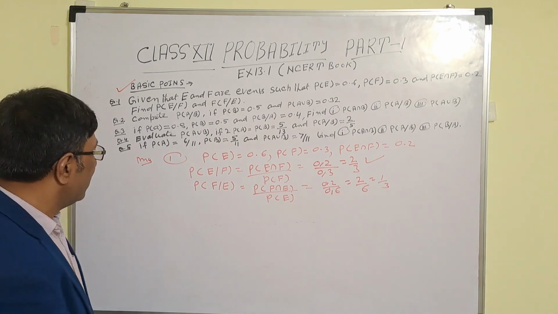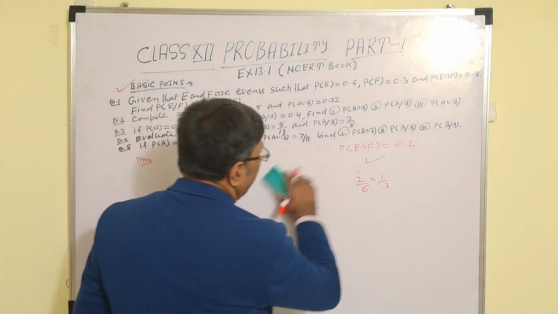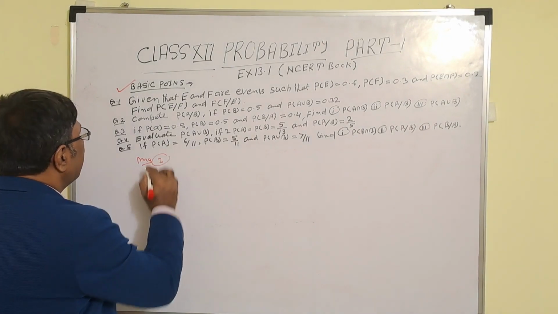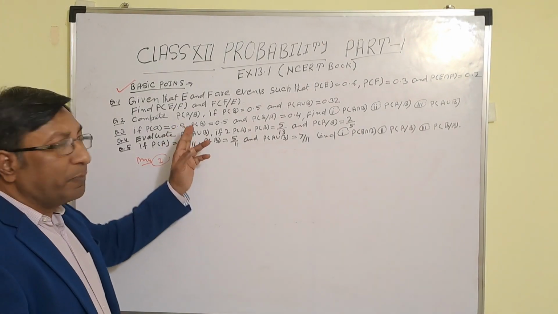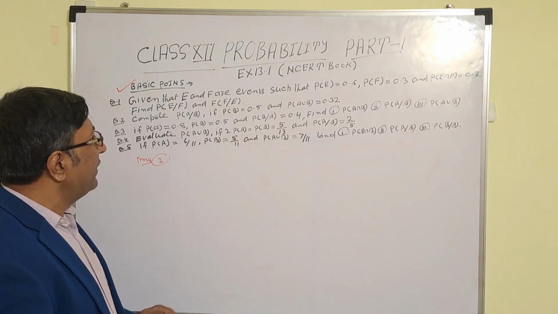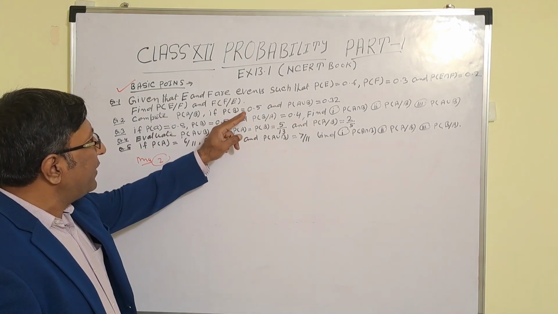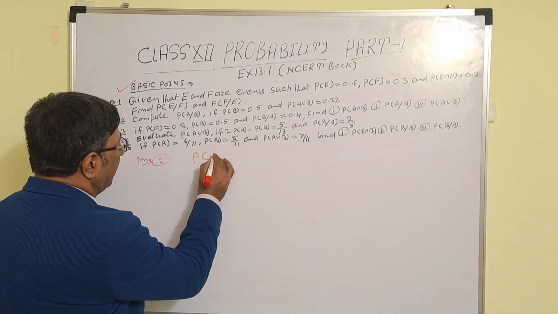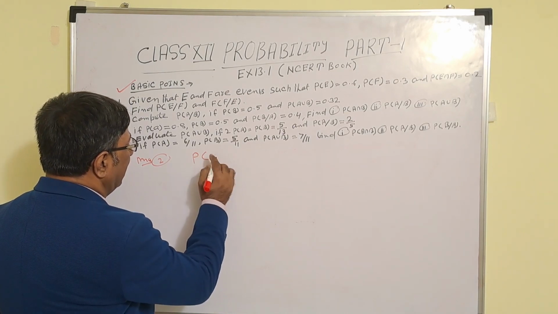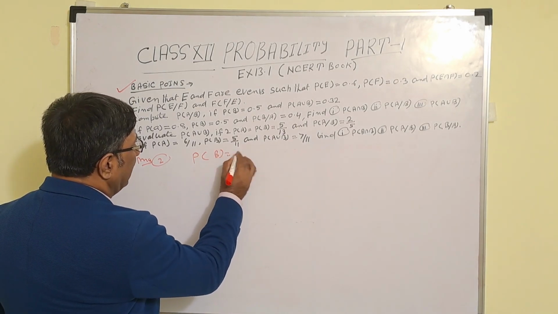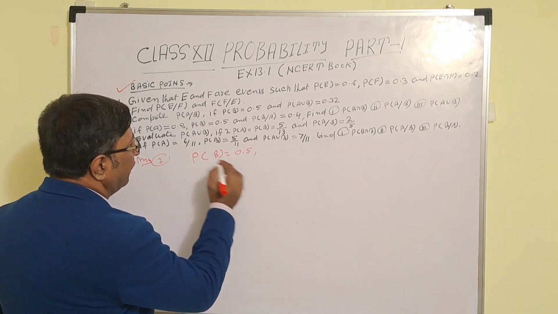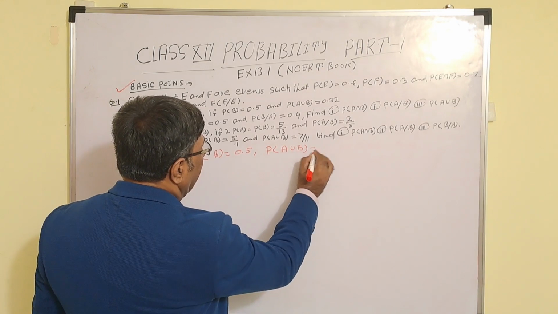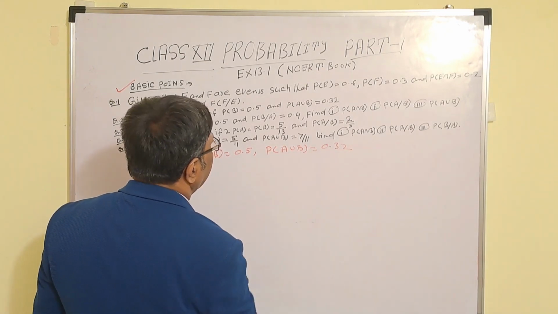Now, second question. So what is the second question? See here. Second question is compute probability of A by B when probability of B is given 0.5. So here, what is given? Probability of B is given 0.5 and probability of A union B is given 0.32.